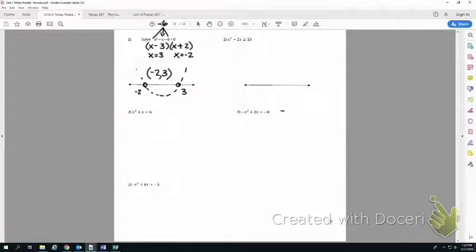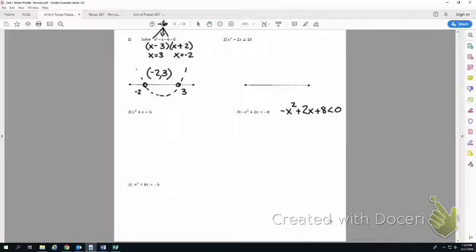So that's going to give me negative x squared plus 2x plus 8 is less than 0. I said that you're always going to deal with a concave up parabola, so what part of this equation do we need to get rid of? The negative.